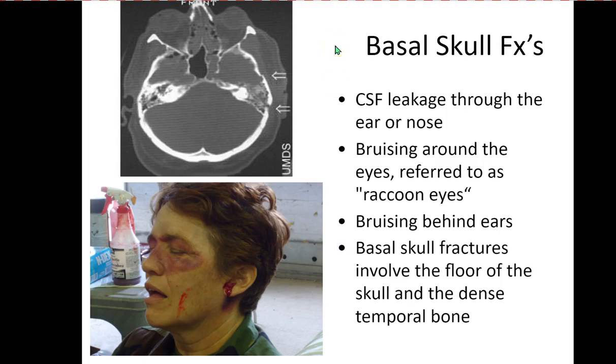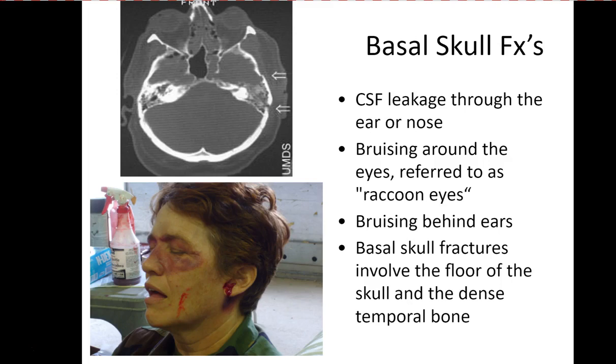So a little bit more about basal skull fractures, because these are pretty interesting. In a basal skull fracture, you may have cerebrospinal fluid leaking through the ear or the nose, and you can see that here. There's some cerebrospinal fluid and some blood. The patient may have bruising around their eyes, which is referred to as raccoon eyes, and there may be bruising behind the ears.